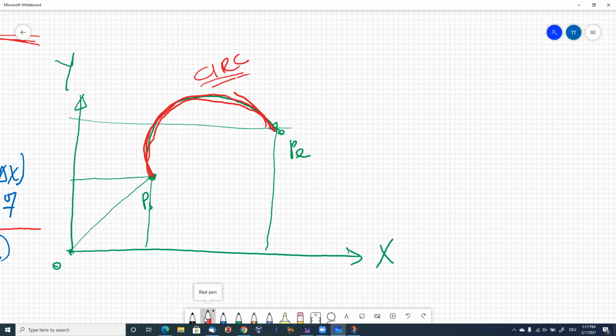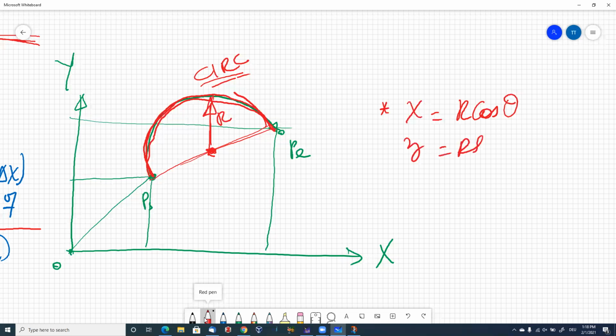Now, if we consider only this circle, and if we consider here as the center point, and this as the radius of the circle, from the geometry, from simple mathematics, x equals r cos theta, and y equals r sin theta.